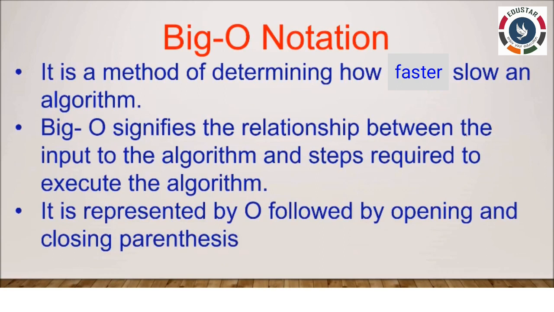That means it denotes how it behaves as n grows. This notation characterizes functions according to their growth rates. Different functions with the same growth rate may be represented using the same O notation.